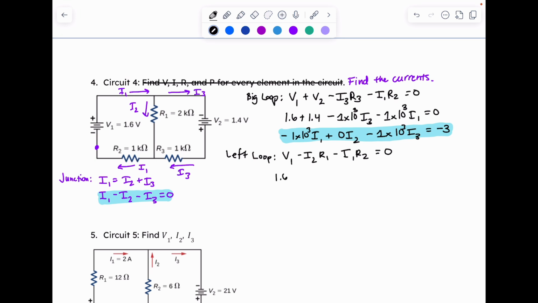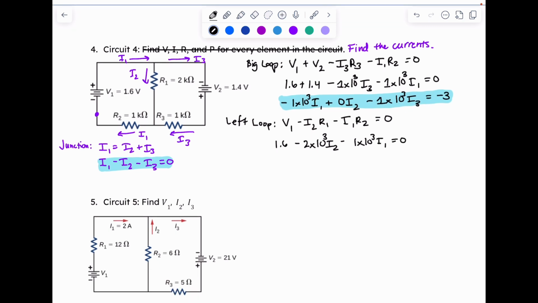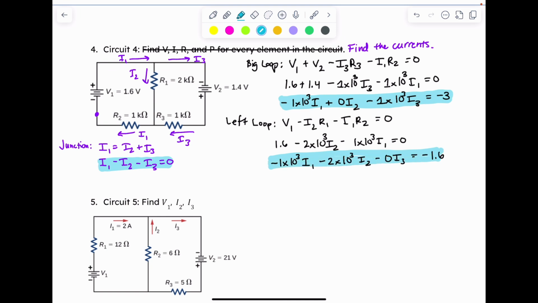So I have 1.6 minus 2 times 10 to the third I2 minus 1 times 10 to the third I1 equals 0. And then I'm going to rewrite this as negative 1 times 10 to the third I1 minus 2 times 10 to the third I2 minus 0 I3 equals negative 1.6. So these are our 3 equations here.